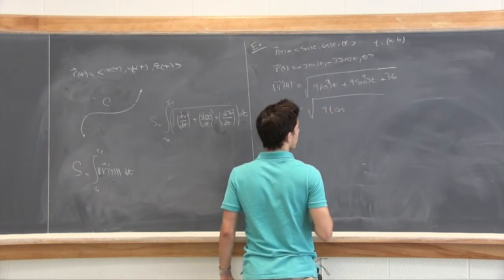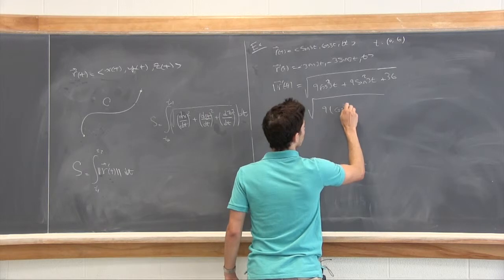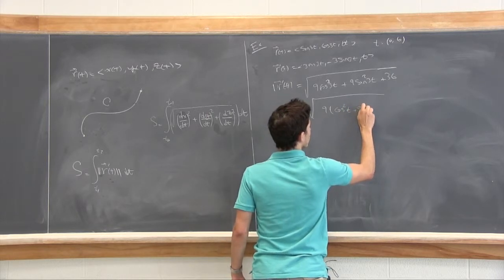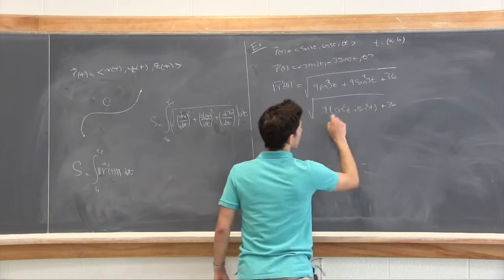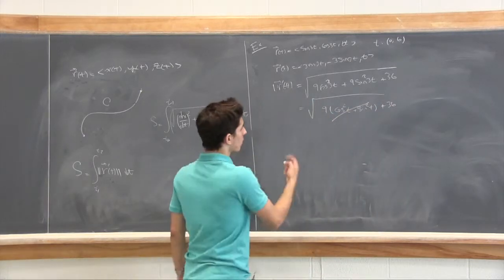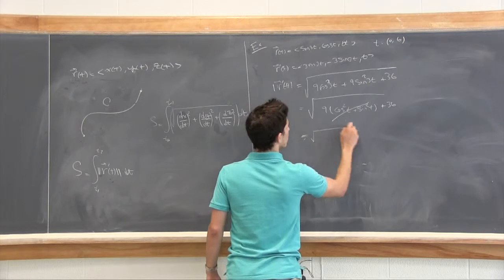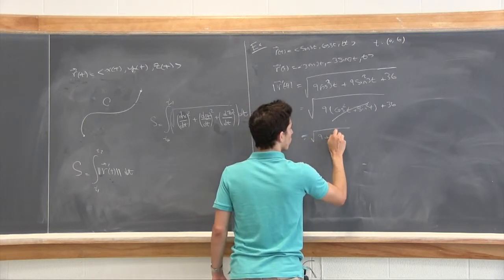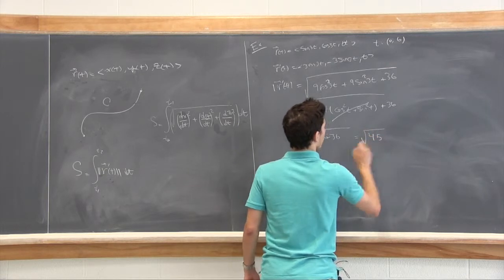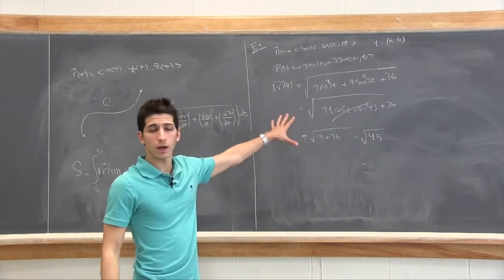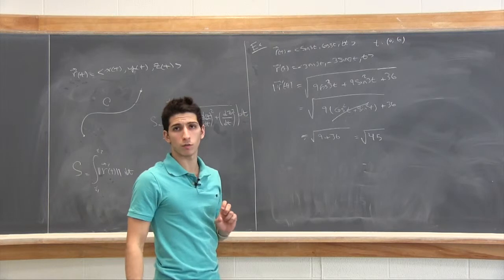I'm going to get cosine squared 3t plus sine squared 3t, and then outside the parentheses plus 36. This is just 1. So now all I have is 9 plus 36, which is just root 45. So now that's the magnitude of my velocity vector.